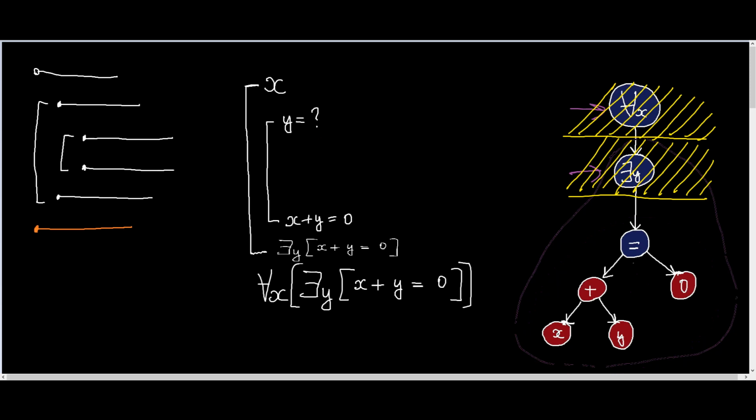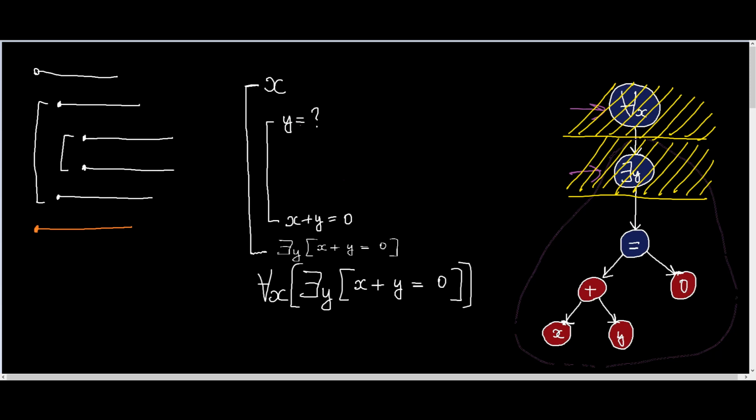And so there is no more kind of automatic algorithmic way to pass through this like we've been passing through the first two nodes. This is where we have to look into this statement, x plus y equals 0, reflect on what it says, and ask ourselves, if I'm given x, how can I find a value for y?